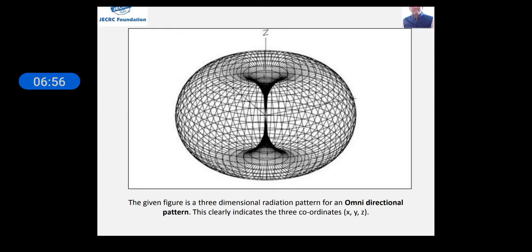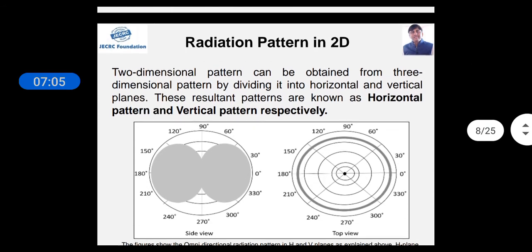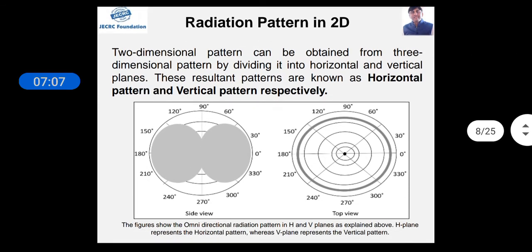That's why it is called omnidirectional, meaning it is not direction specific. At all 360-degree angles, it radiates an equal amount of energy. In 2D plots, I already told you how we make them. The 3-dimensional spherical radiation pattern is cut by a plane, and we get the 2D plot.